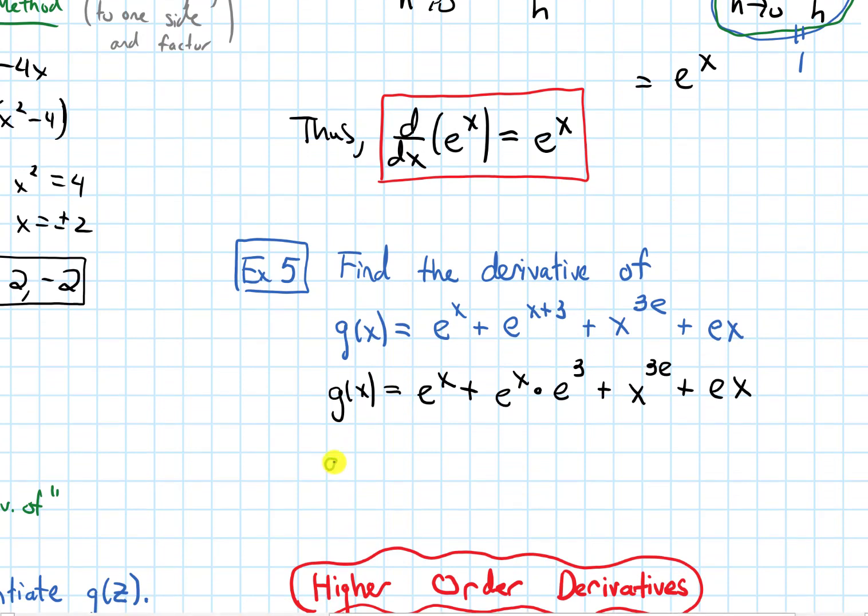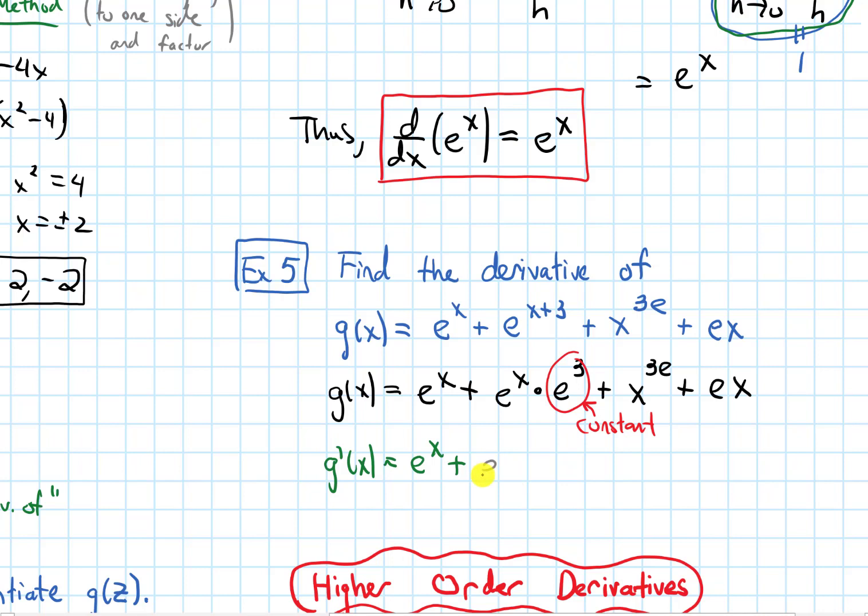So for the derivative, g prime of x, derivative of e to the x is just e to the x. And then plus. For the next term, now I have an e to the x, and I like that. And the e to the third is a constant. And we know how to handle constants. When a constant is multiplying my function, the rest of the function, that constant stays there.